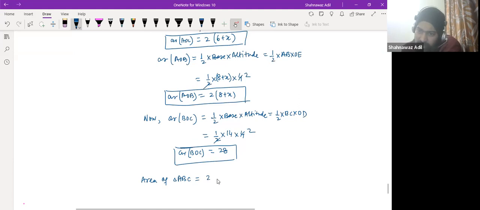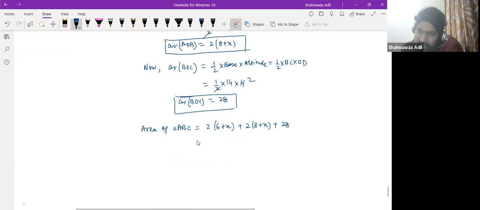So that would be 6 plus x plus 2, 8 plus x, and plus 28. This is how much? This is 12 plus 2x plus 16 plus 2x plus 28. This is 12, 16, 28 and 28.